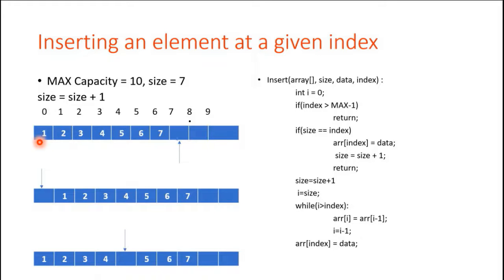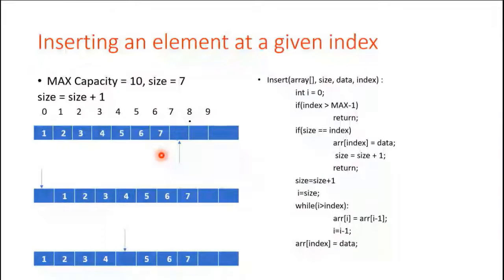Okay, here we talk about, first of all, the first case, if we insert a particular element at the end of the array. Suppose first of all we don't have any element, then this case also will come under the first case.